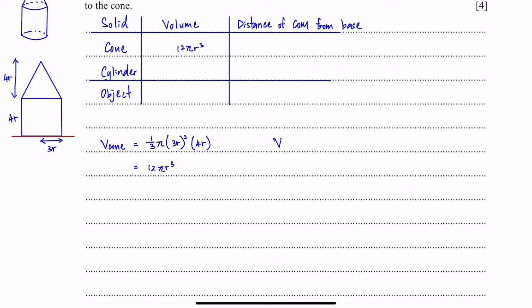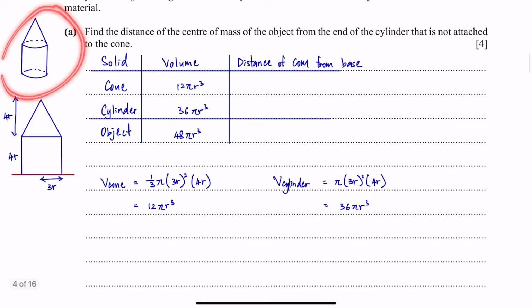And for the volume of cylinder, we have pi r squared h. So this would give us 36 pi r cubed. So both of these add together, what we get is 48 pi r cubed. So the entire object has a volume of 48 pi r cubed.